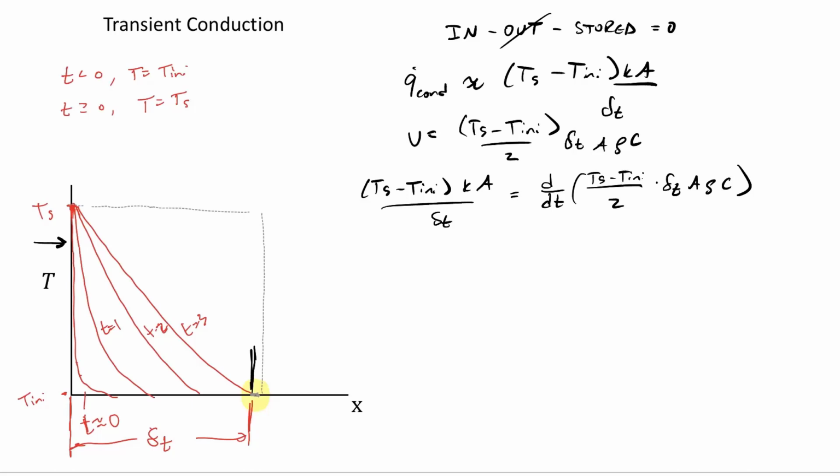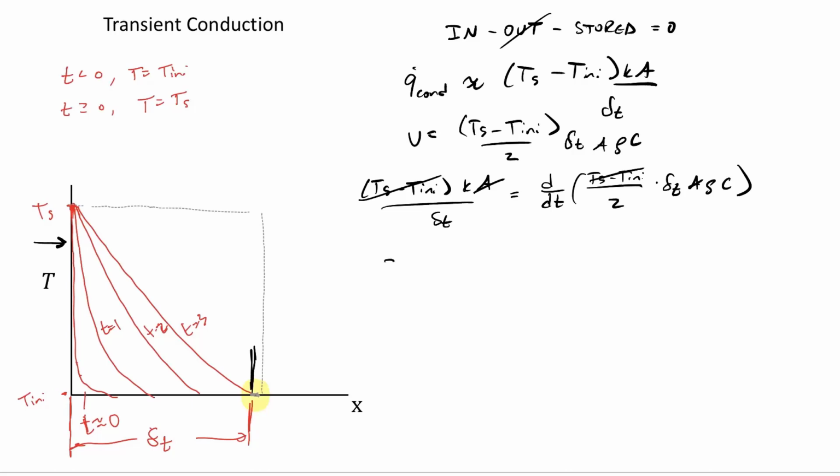Area is a constant value, so those can be canceled out. So let's get rid of this, and let's get rid of area, and then we end up with this expression.